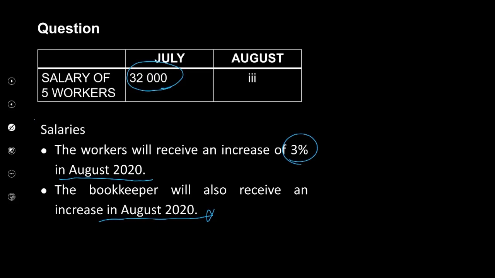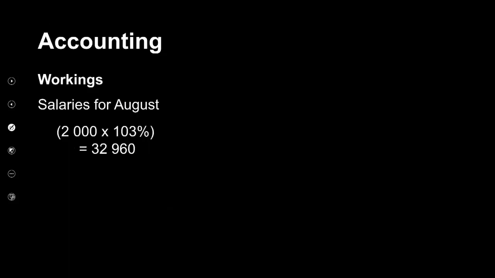So there's my 32,000 for all 5 workers. Immediately, you can see that there's an increase for those workers. And how do we take that? We say, look at the amount, they receive an increase of 3%.